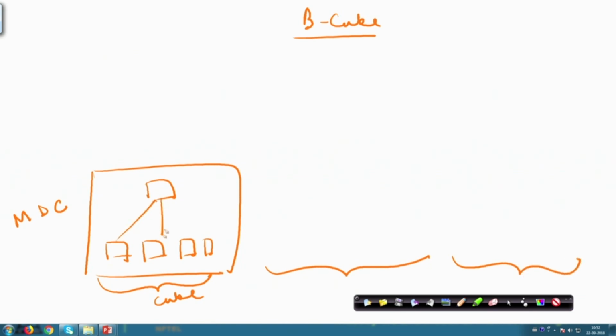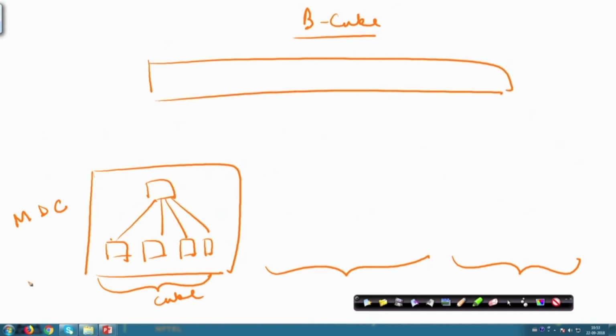So, in the BCube architecture, you have all these different switches, and these will be connected to another level of BCube. Let us say that this is your BCube 0, this will be your BCube 0 1, let us say that this is 0 0, this is 0 1, BCube 0 2, and so on.